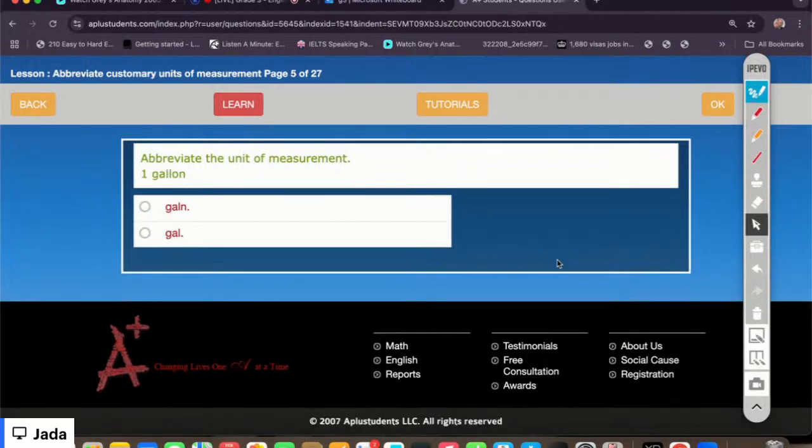Not TS, all right? So 1 gallon. What is 1 gallon?